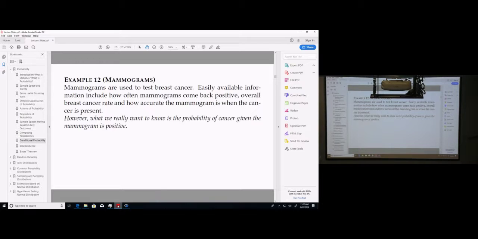So again, they would get an independent assessment of 1,000 women known to have no breast cancer and ask them to go through the mammogram. If 950 of them are reported to be negative, then the test is 95% accurate, and this is called specificity. So we have a different name for this.